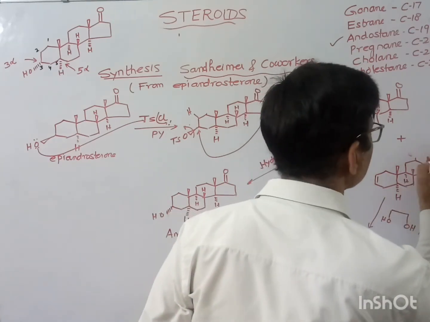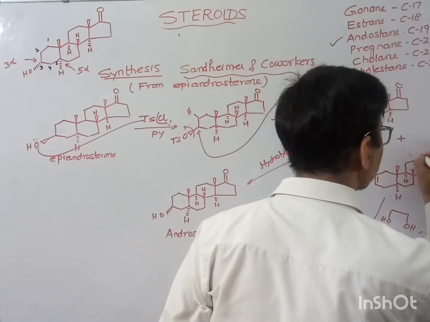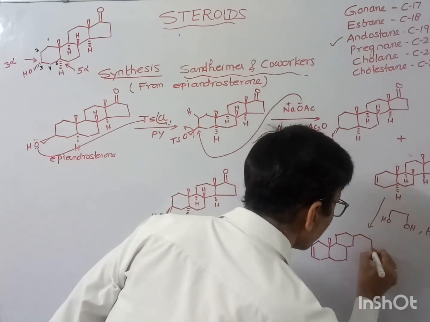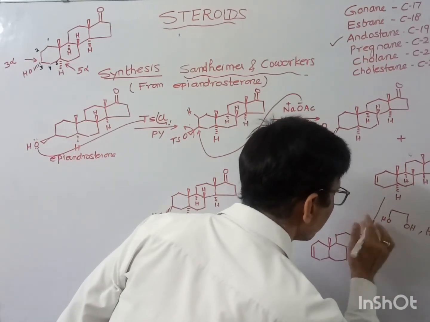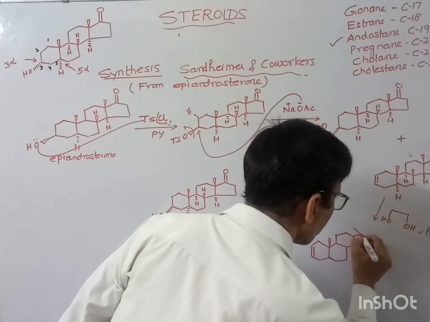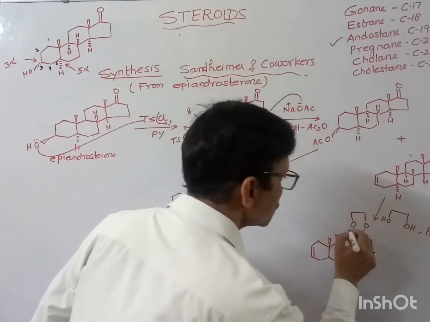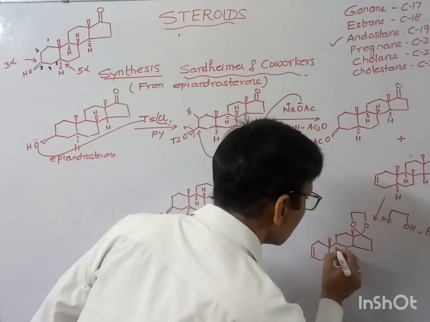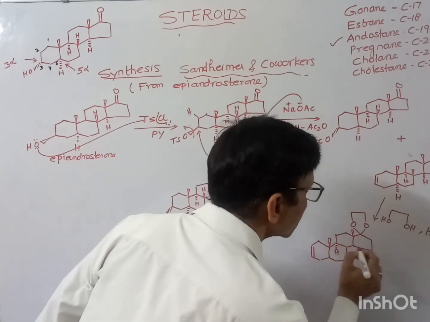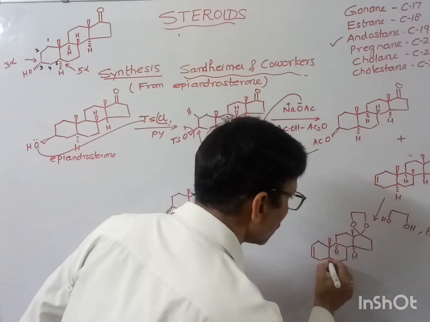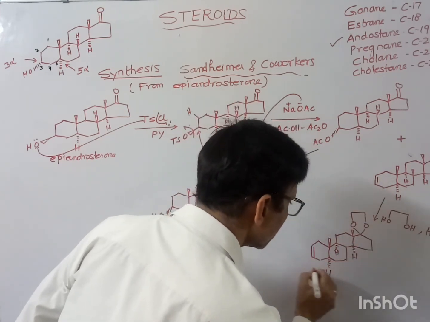Sorry, here we have an angular methyl group over here. Okay. So now this is being protected, and now we may do the reaction at the double bond after this protection.